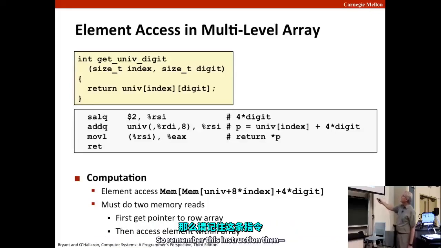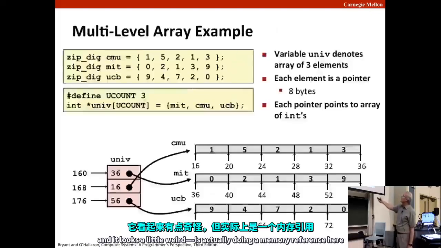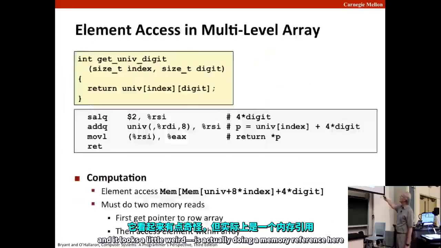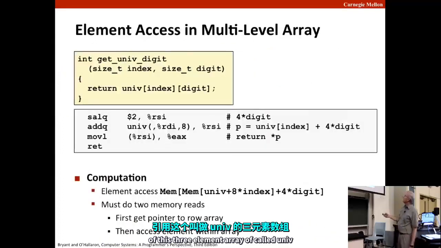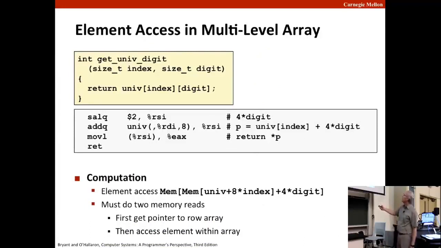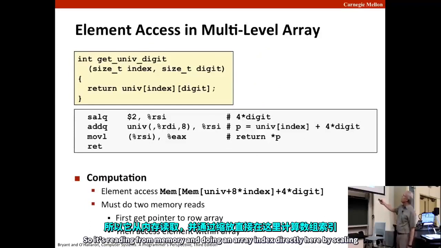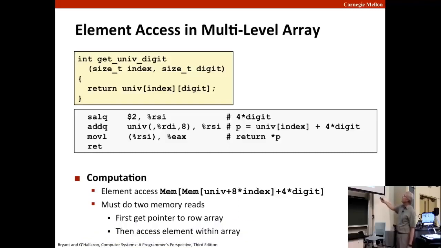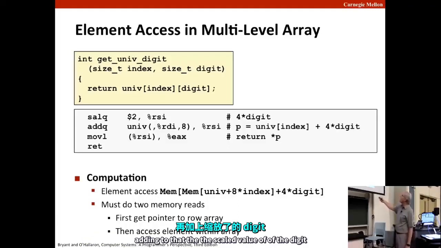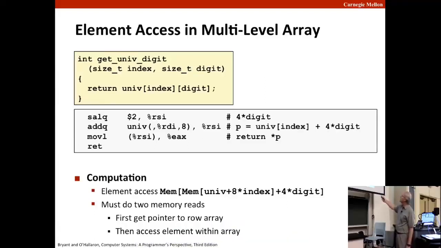So remember, this instruction, and it looks a little weird, is actually doing a memory reference here of this 3-element array I've called univ. So it's reading from memory and doing an array index directly here by scaling, getting from that a pointer, and adding to that the scaled value of the digit.